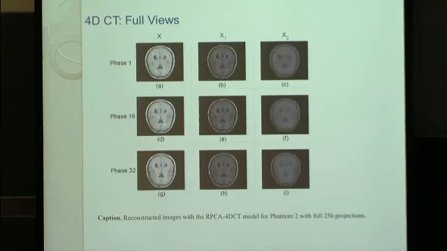So the next thing is we try to compare. You have full view, full measurement, or you have partial view, only subsampling, or dynamic view. Our goal is the dynamic view, which has the same radiation dose.